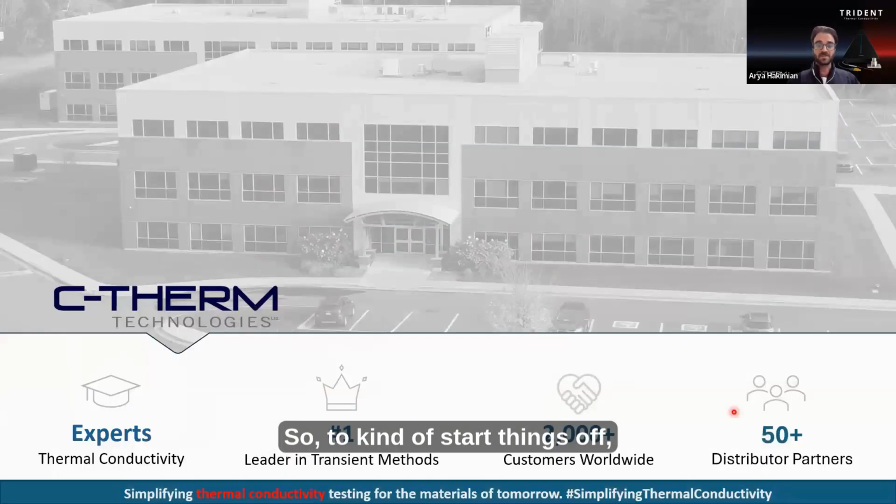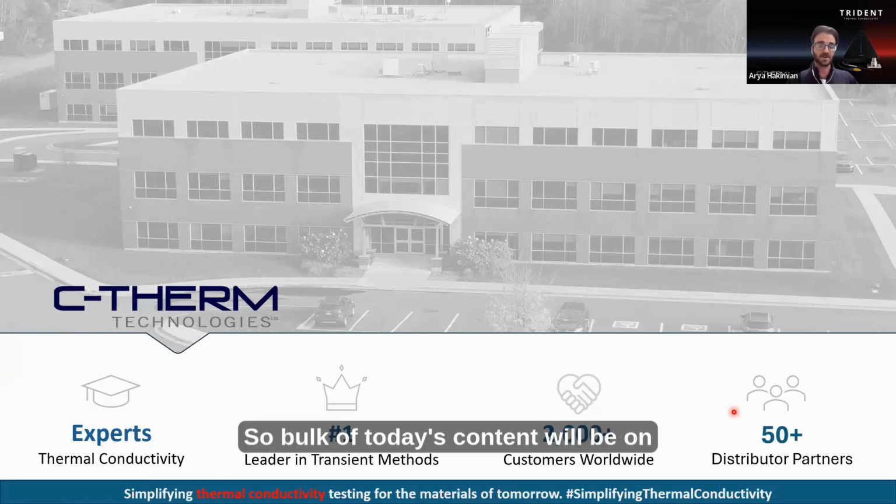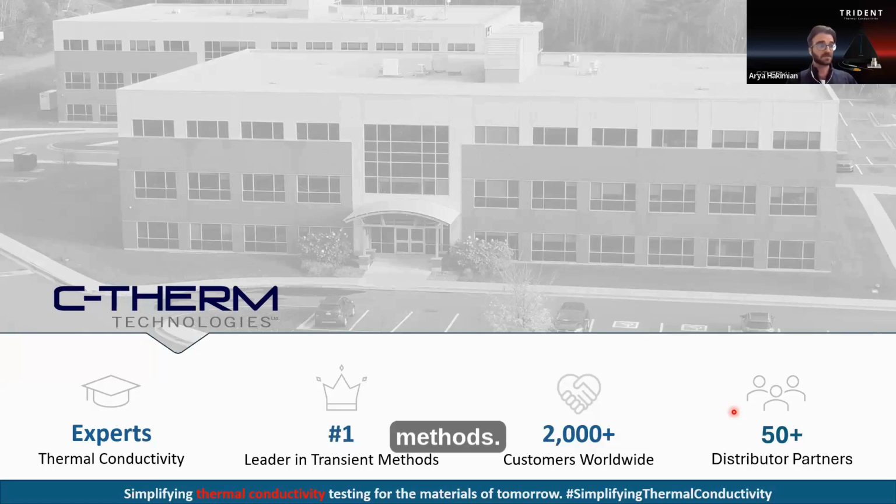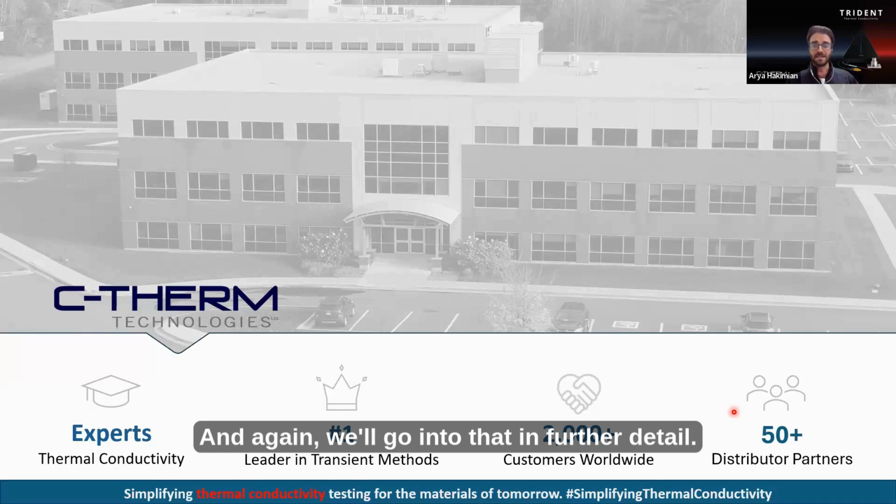To start things off, just a quick introduction to C-Therm, who we are and what we do. C-Therm Technologies, we focus on thermal conductivity. This is really our purpose, specifically developing transient methods. So a bulk of today's content will be on the transient class of thermal conductivity methods, and again, we'll go into that in further detail.